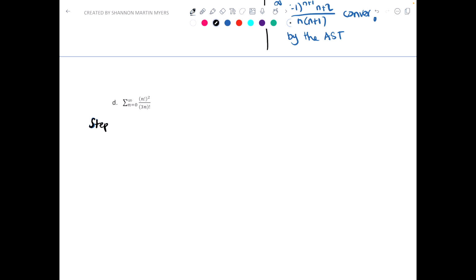Step 1. What is our test? We're going to try that ratio test. Step 2, conditions.